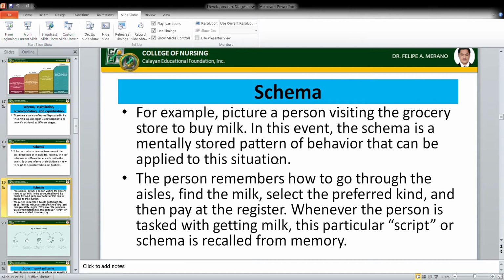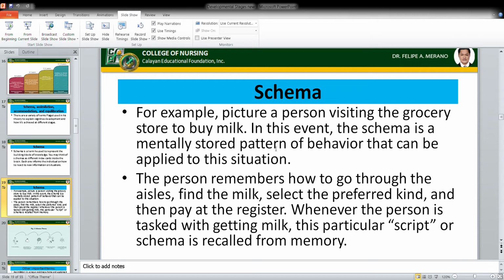So let's provide an example about schema. Picture a person visiting the grocery store to buy milk. In this event, the schema is a mentally stored pattern of behavior that can be applied to this situation. When you're buying milk, you know the step-by-step procedure.